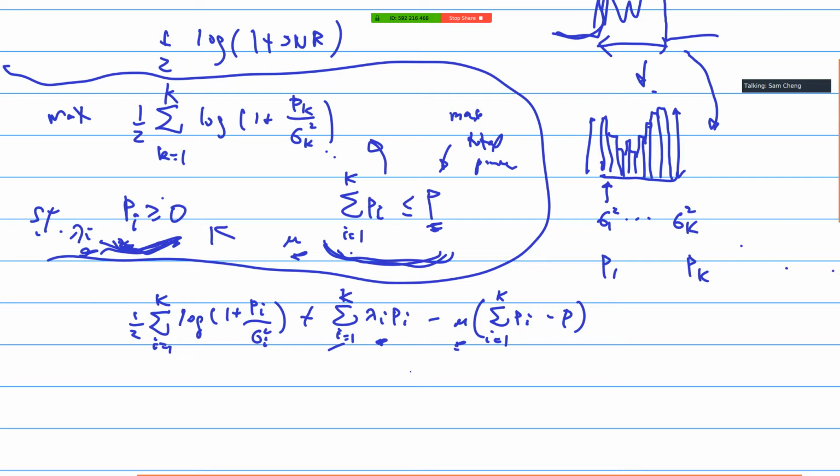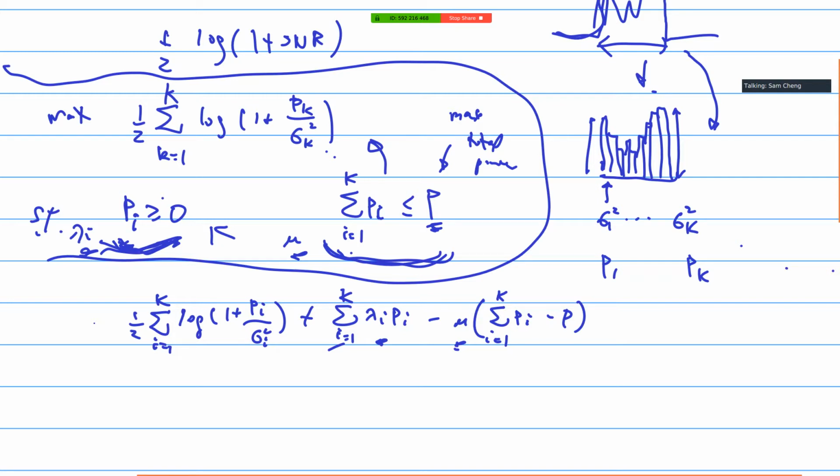And then you can think of this as a min-max problem now. You have the minimum over the Lagrange multipliers, and then maximum over the pk here. But we can directly use the KKT conditions.